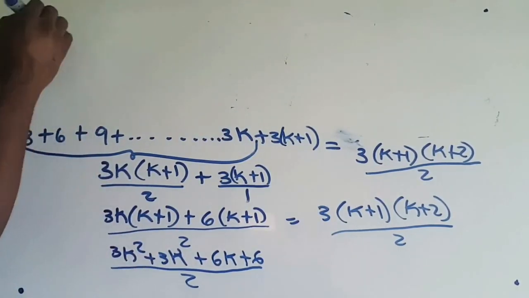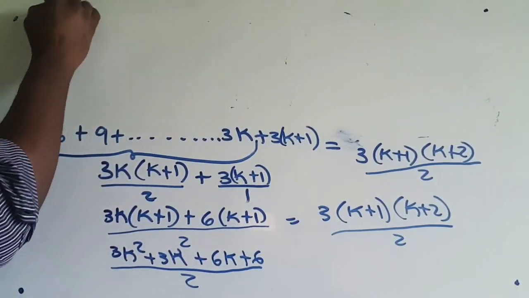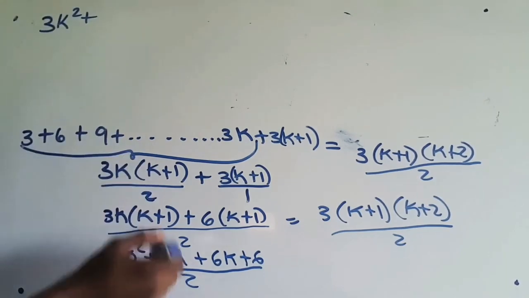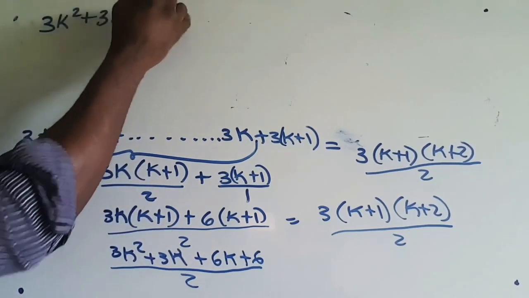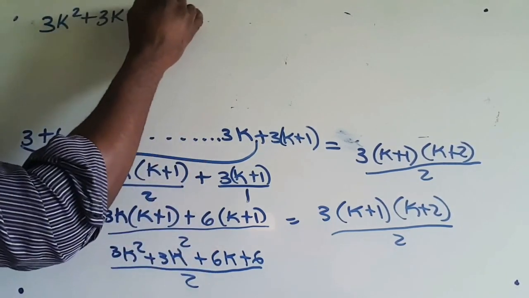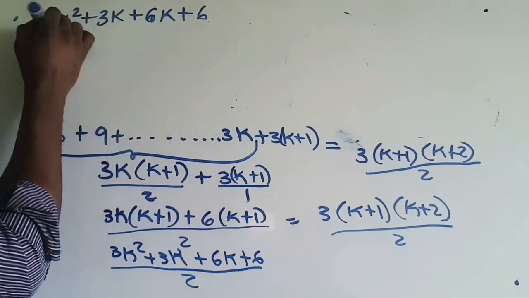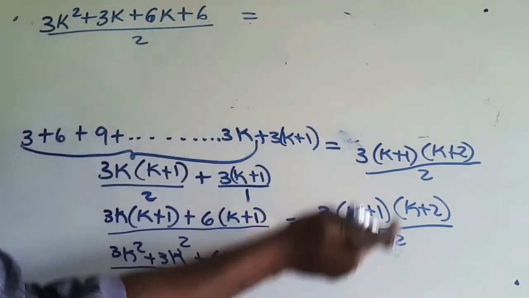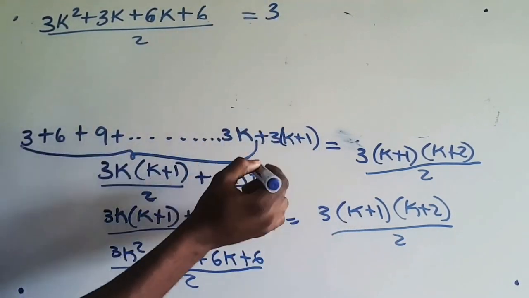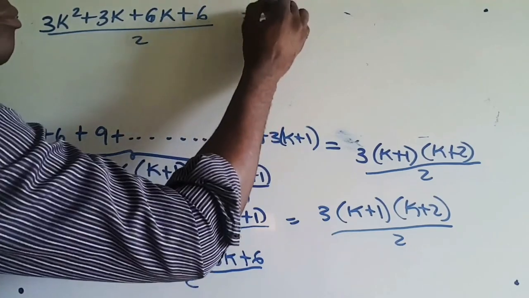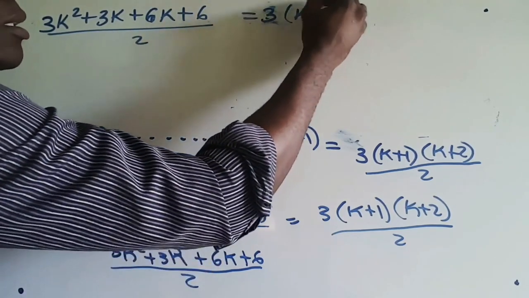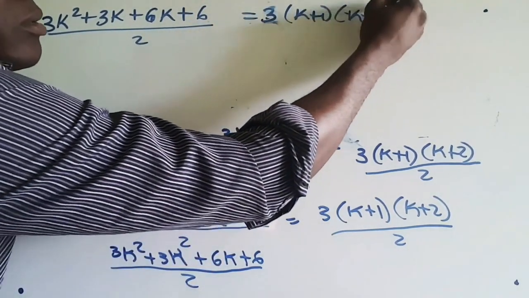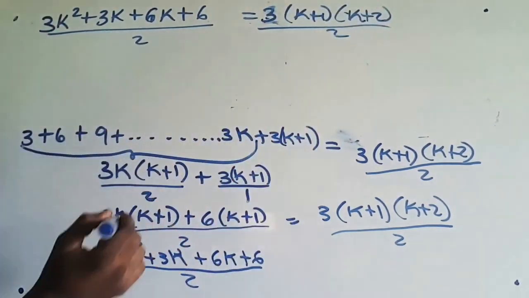So I'm looking at the top, I have 3k squared plus 3k plus 6k plus 6 all over 2, and it should equal to 3 k plus 1 k plus 2 all over 2.